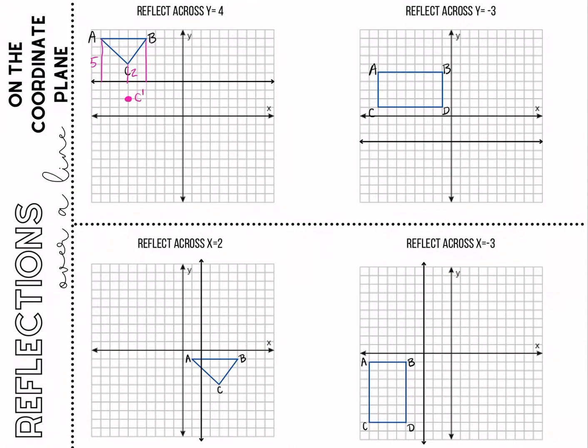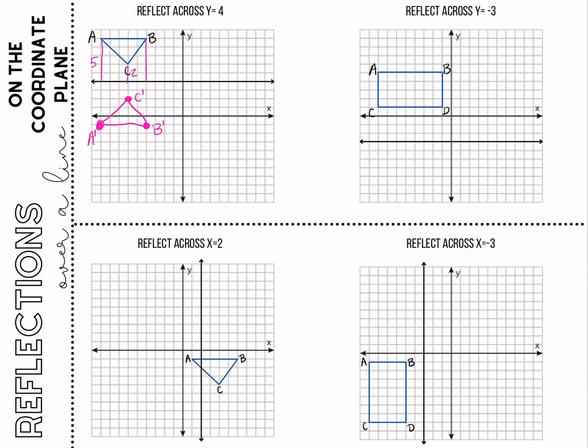B is 5, so 1, 2, 3, 4, 5, B prime, and A is 5, A prime. So now this is my new graphed image. So remember, when you're finding the reflection across a line, you just have to count the distance the shape is from the line and then graph it.